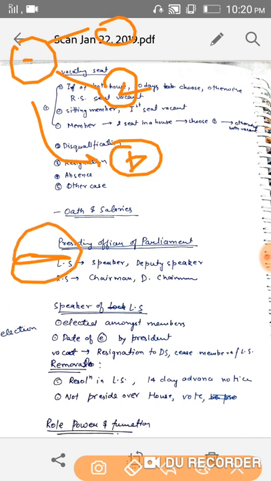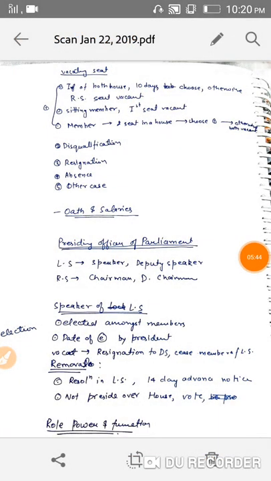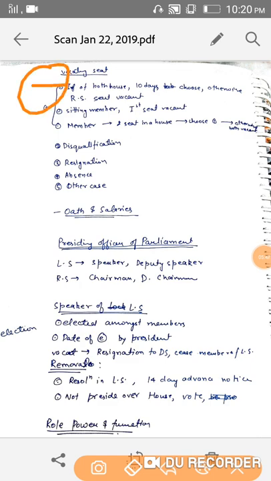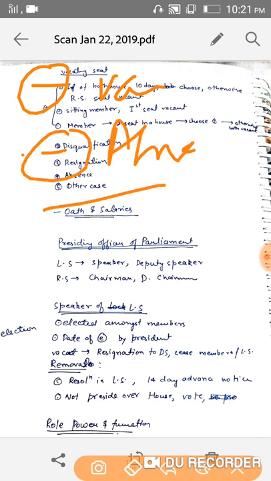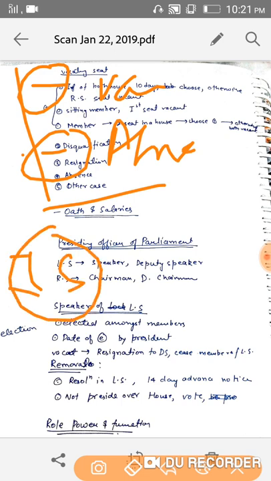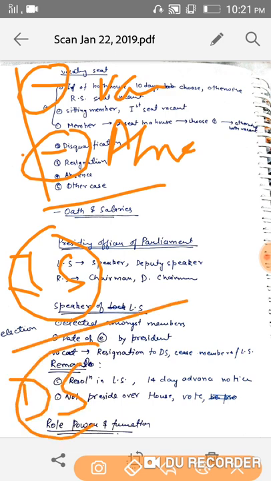The Deputy Speaker performs the duty when the office is vacant. He takes care of the office when the Speaker's post is vacant, also when he is absent. He can also preside over the joint sitting of Parliament. Also, it is to be noted that the Deputy Speaker is not subordinate to the Speaker.